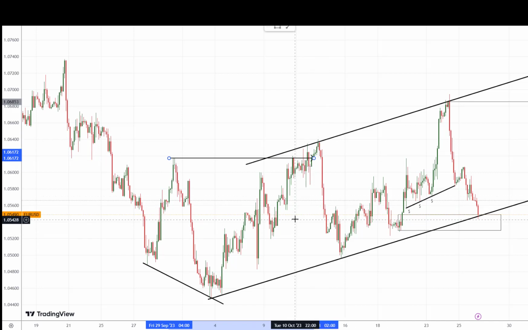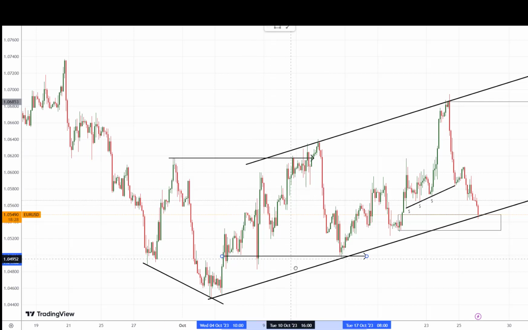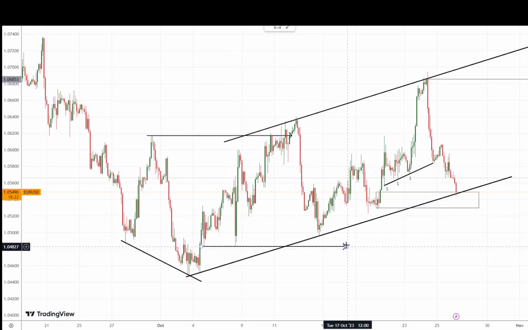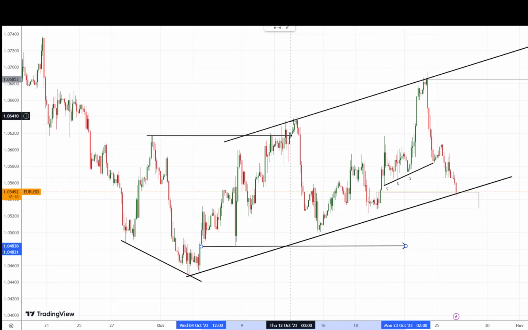So my first idea was here. I had noted, let me show you, I noted equal lows around here. So when price hunted the buy stops and then came plummeting back in, I wanted to see price push below the equal lows.